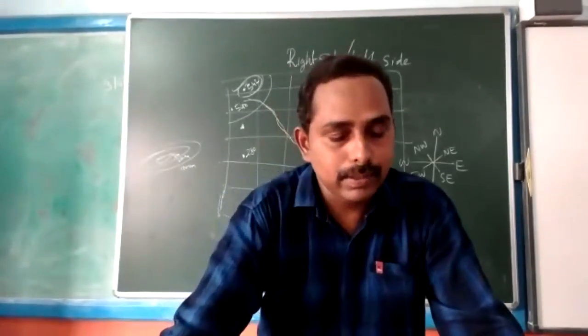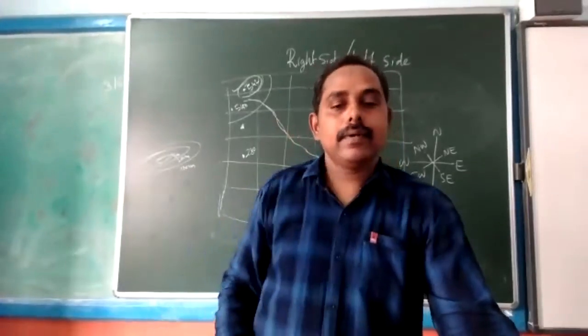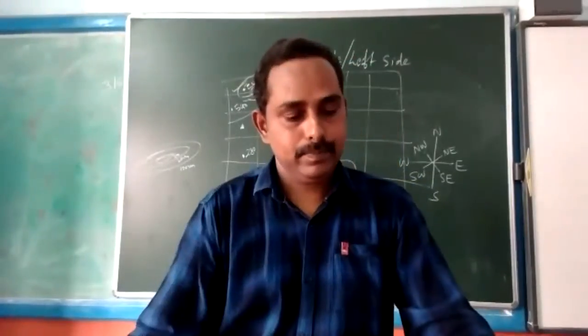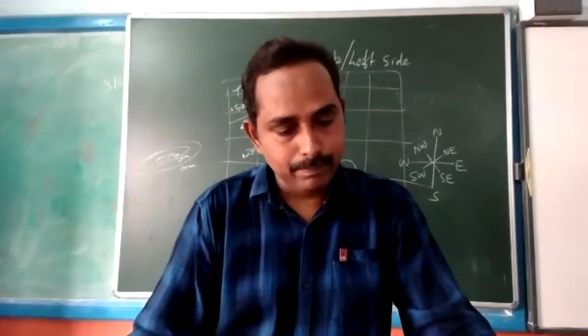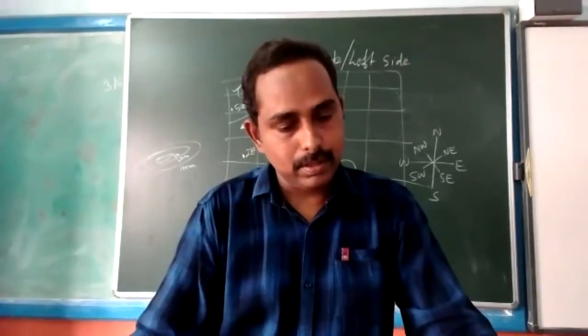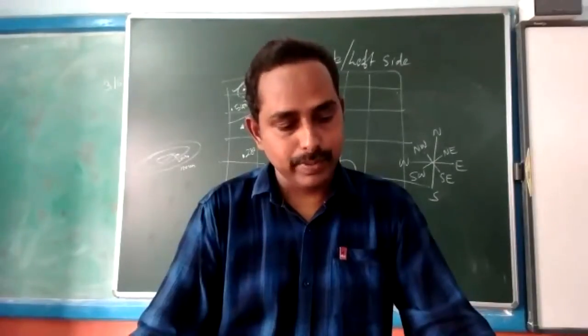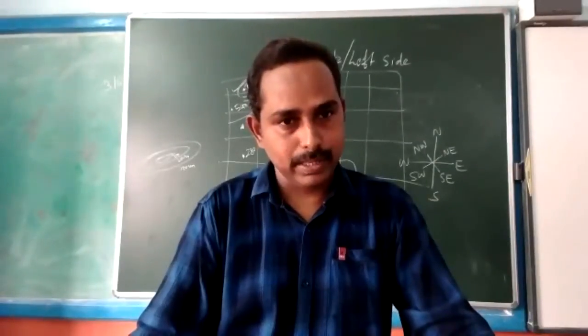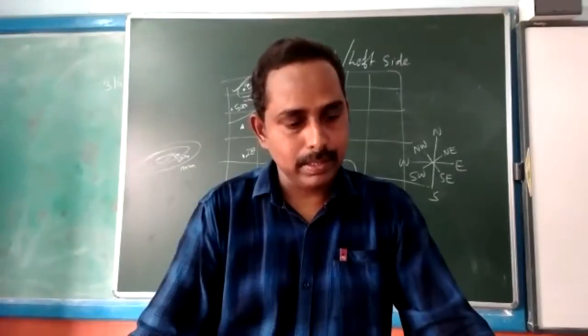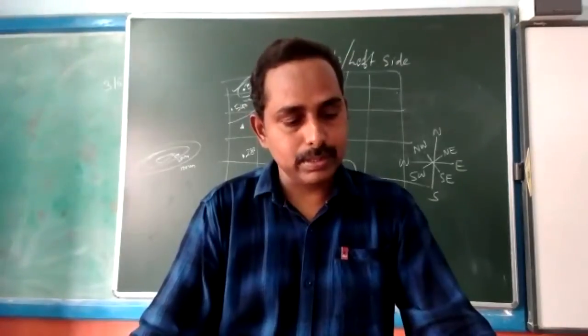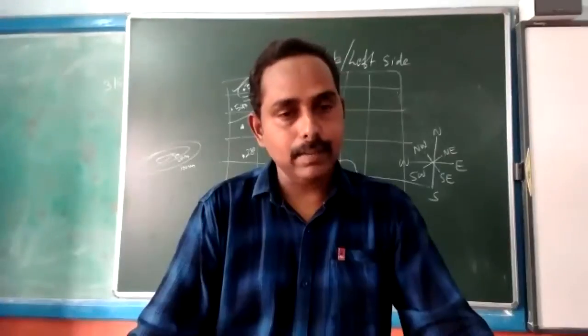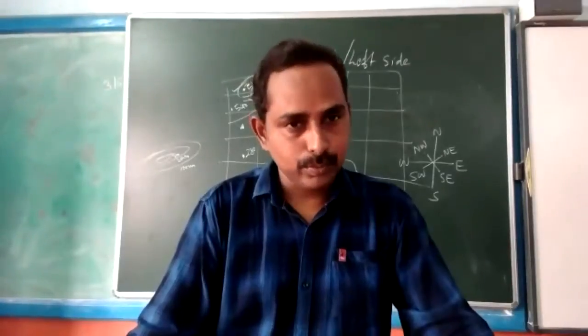If arrows are given, you can understand the river direction is on that side. That means from northeast to northwest Sipu river is moving, as per the arrow which is given.